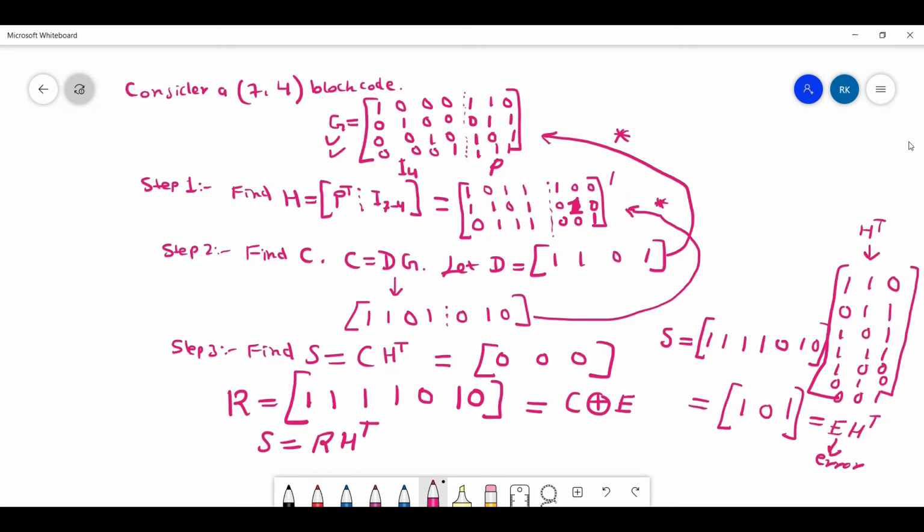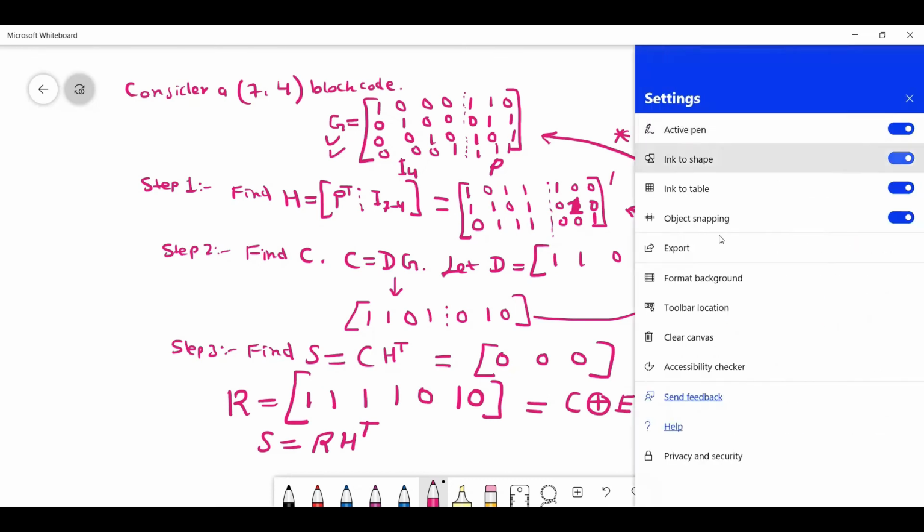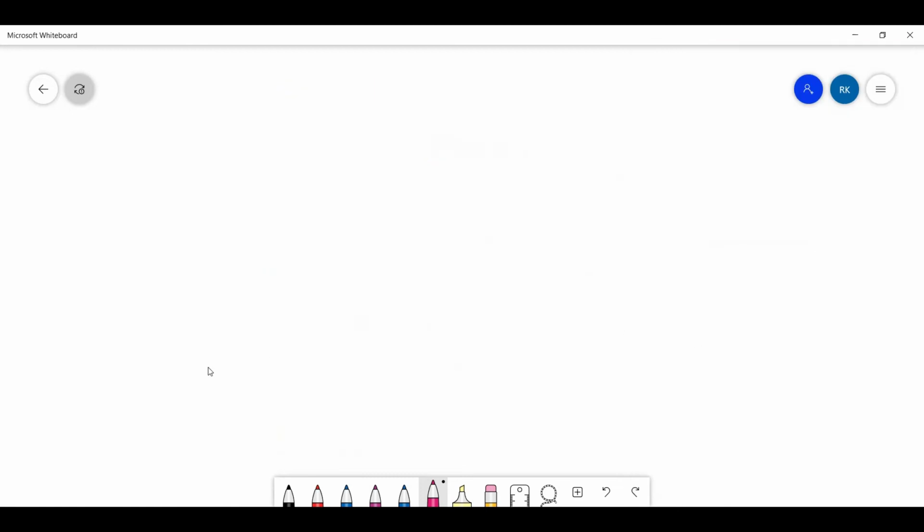Okay, now let us assume that two errors have occurred in the transmitted word, in the MSB and the third MSB position. So I am now clearing this canvas and I am going to take an example of 2-bit corruption.